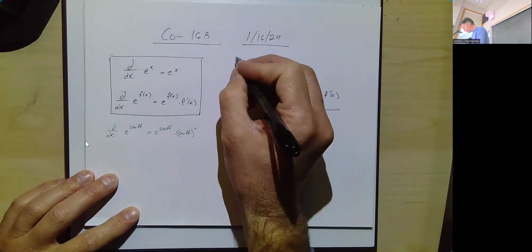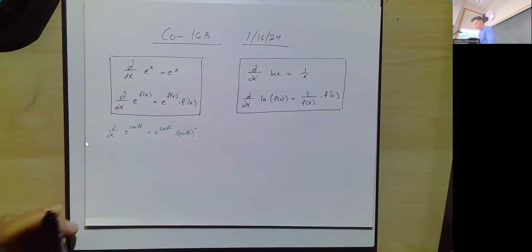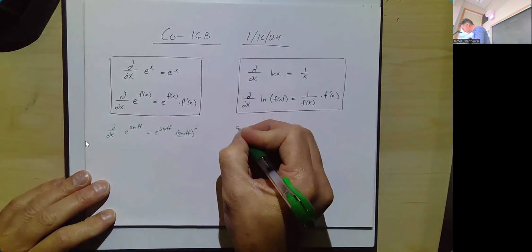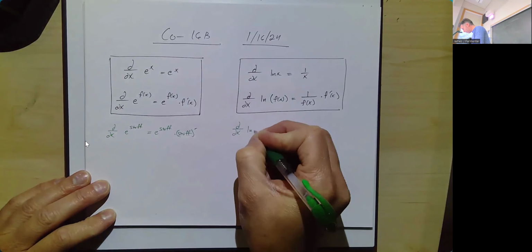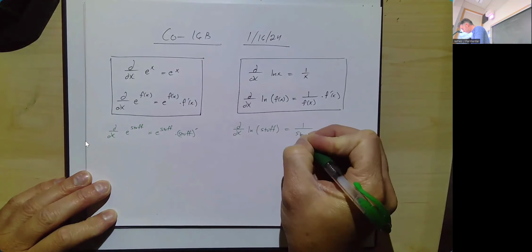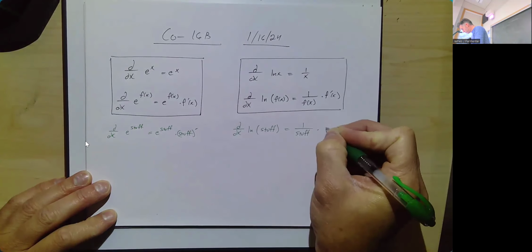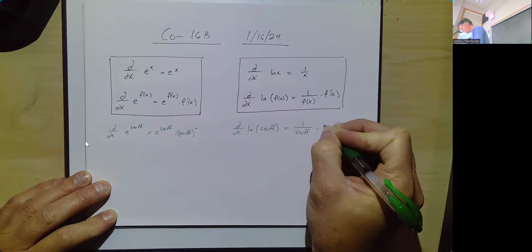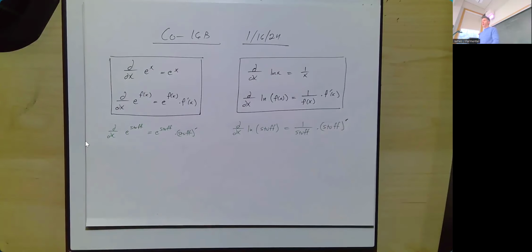We'll see quite a few examples here in a moment. And again, if I were saying it, I would say the derivative of the natural log of some stuff is 1 over the stuff times the derivative of the stuff. You can put the derivative in the numerator of that fraction. I like to write it at the end just to emphasize that you're always multiplying by the derivative of the stuff at the end. But if you want to put it on top, that's fine.